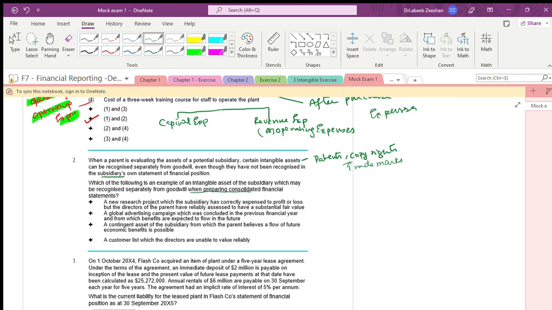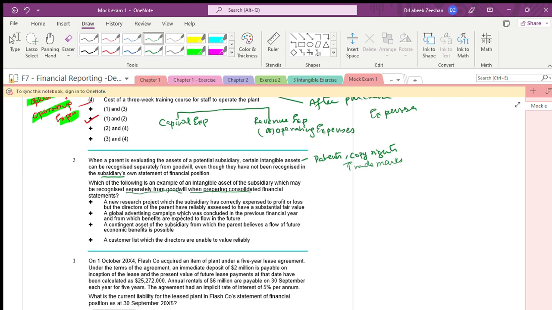We have to know what the intangible asset is. An intangible asset is something which should generate revenue for the company, which may be recognized separately from goodwill.